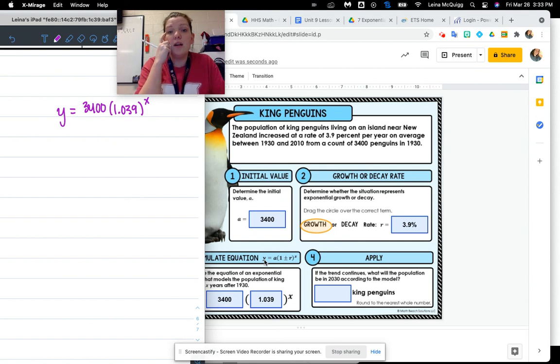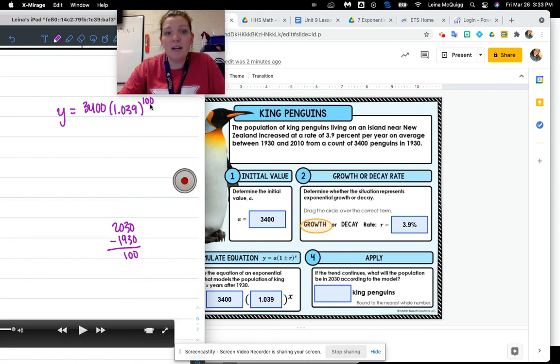X is going to represent the number of years since 1930. Okay, so what I want to know is what's the population going to be in 2030? So how many years since 1930 is that? Well, 2030 minus 1930, that's 100 years. So that means I want to know when x is 100, how many penguins are there?